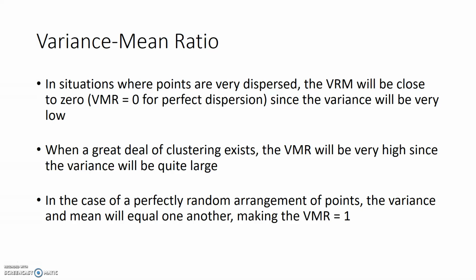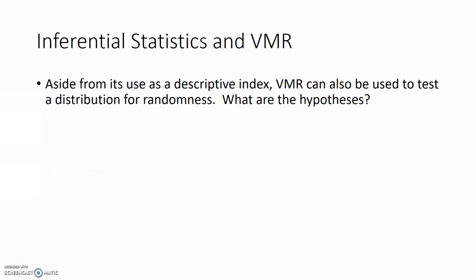So again, just like with our nearest neighbor analysis, we've set out some guidelines for what this VMR is going to represent in terms of dispersion, in terms of clustering, and in terms of randomness. So, again, we can use inferential statistics and these VMR values.